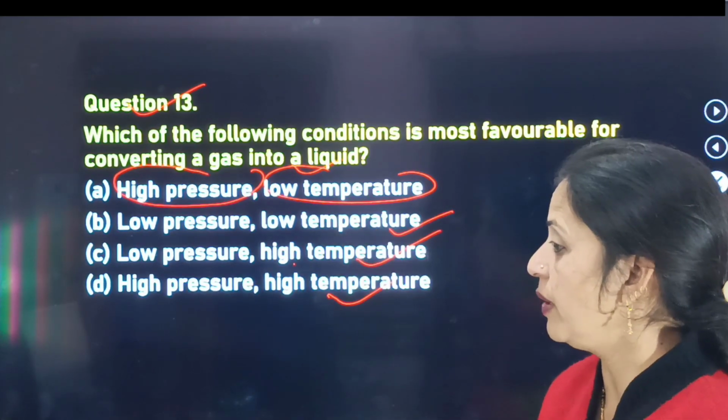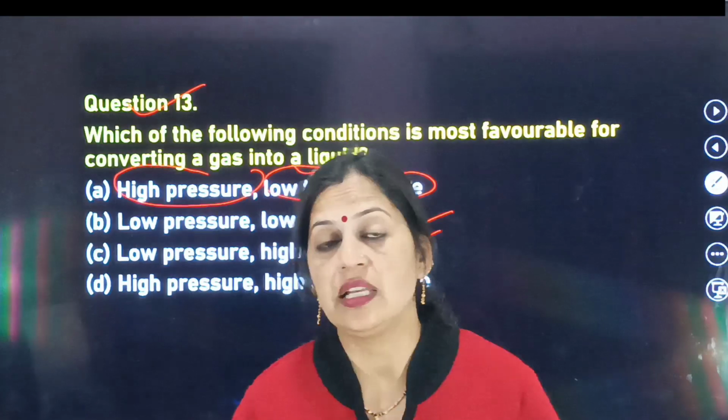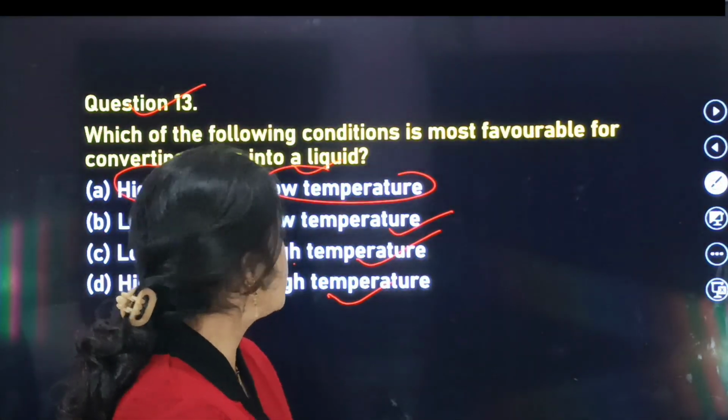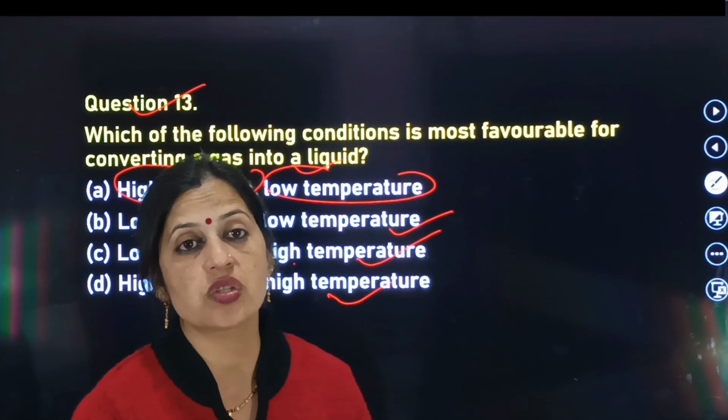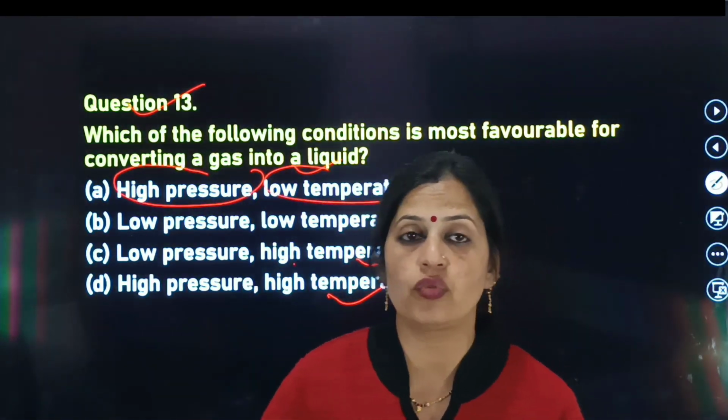So what are the favorable conditions where we can easily liquefy the gases?